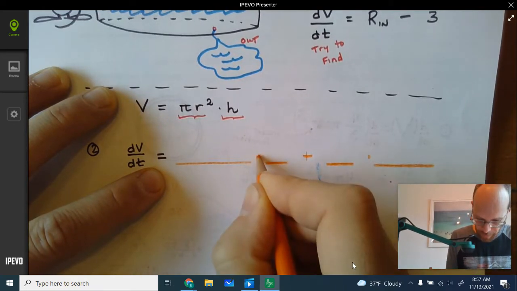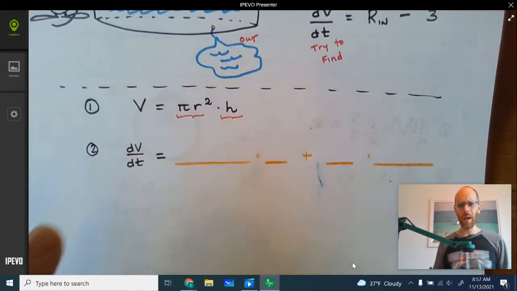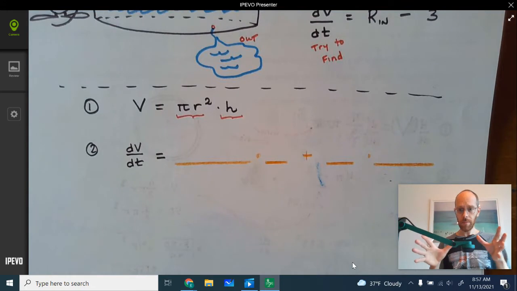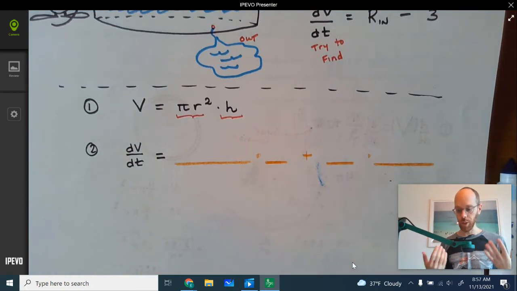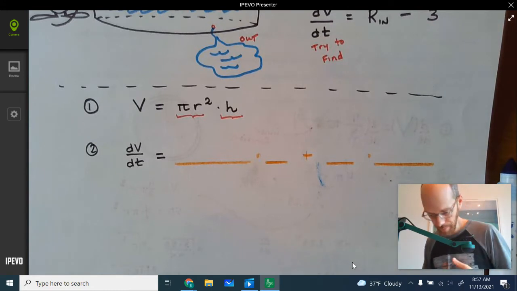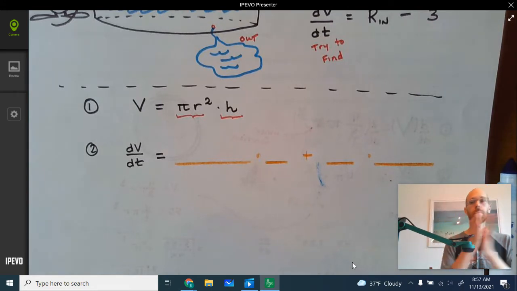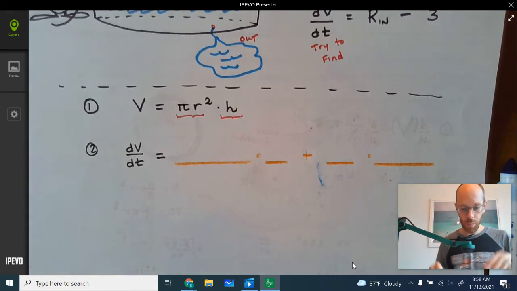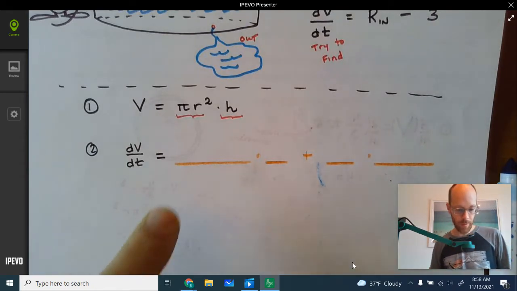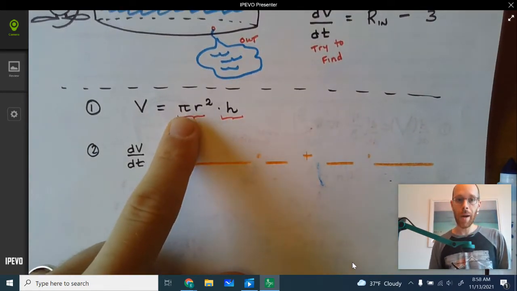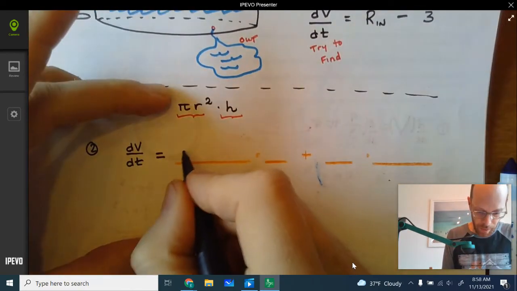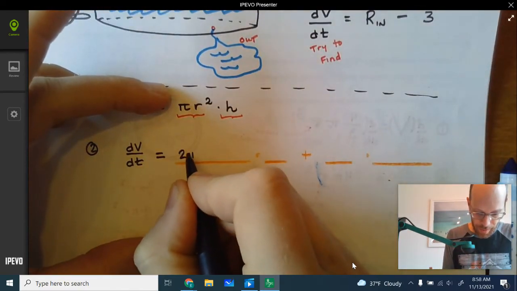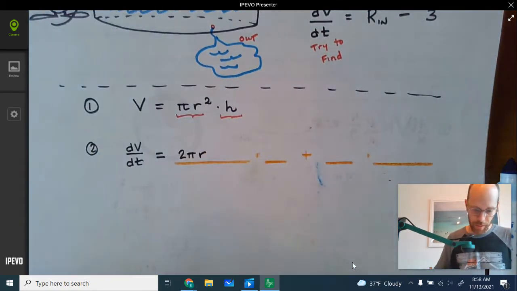Okay, we did a little bit of this last class. Hey, just for kicks, pause the video and see if you can do this on your own, and then unpause and check your work. Okay. I'll assume you've tried it already. Here's what your derivative should look like. The derivative of pi r squared with respect to time would be 2 pi times the inside function r.